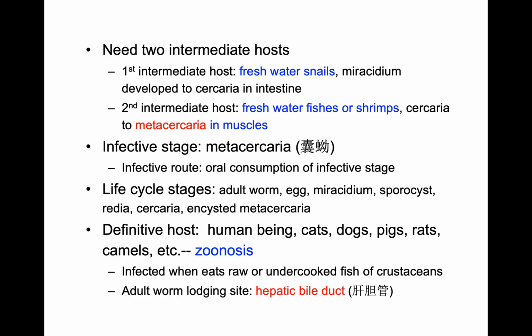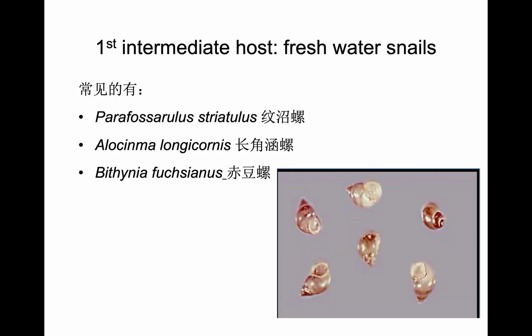Or when many of the metacercariae get inside the body, they can block the bile duct, or the eggs accumulate in the liver, and later on the symptoms can get very heavy, and more symptoms will show up. We'll go into this later.